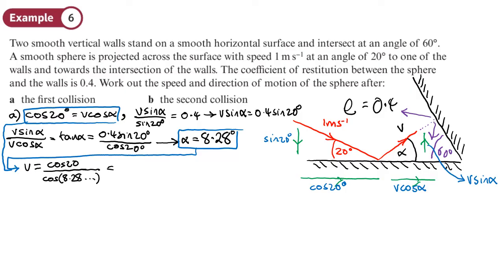So cos 20 divided by cos answer, and I get, to three significant figures, V equals 0.950.